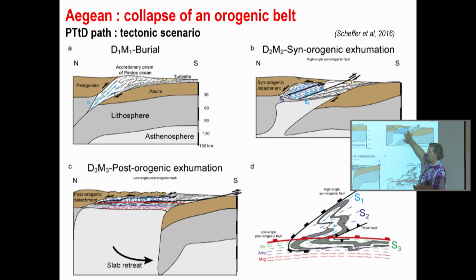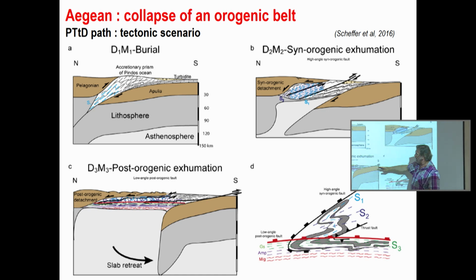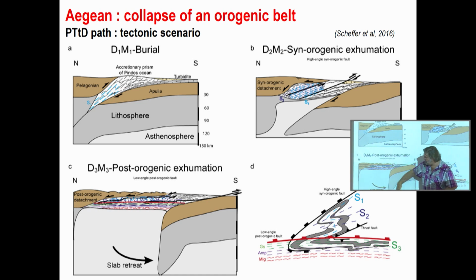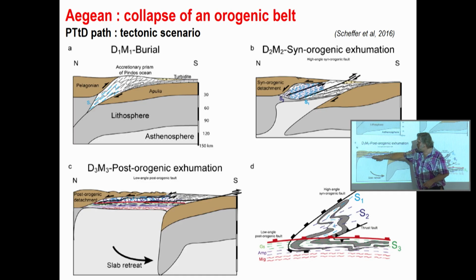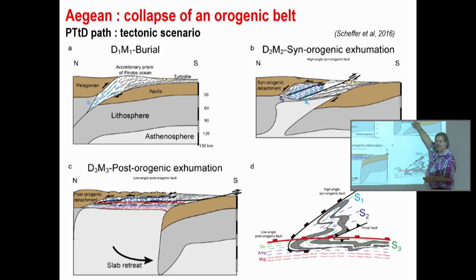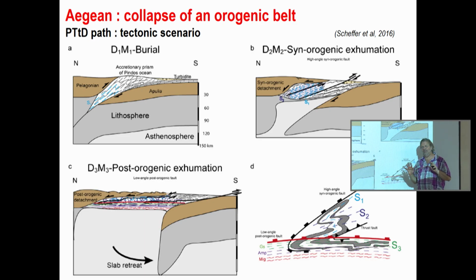It's not very well drawn here. I wouldn't draw it like this exactly, but still I think we can get the point. And then there is the last stage, still associated with retreat, that corresponds to low angle and post-orogenic extension. And this contributes to thinning the crust. This contributes to thickening the orogenic crust, even though it's an extensional shear zone. That's why I don't like these terms.